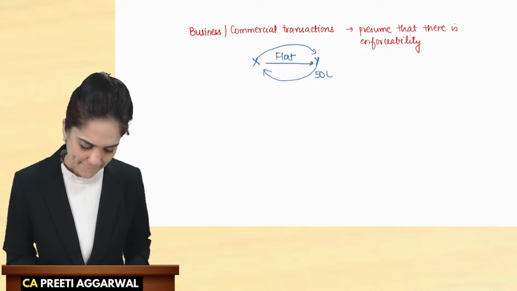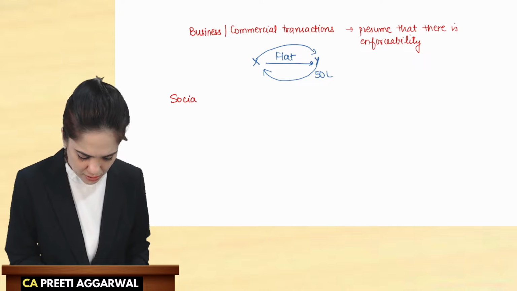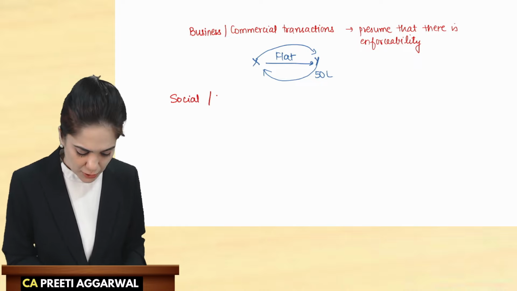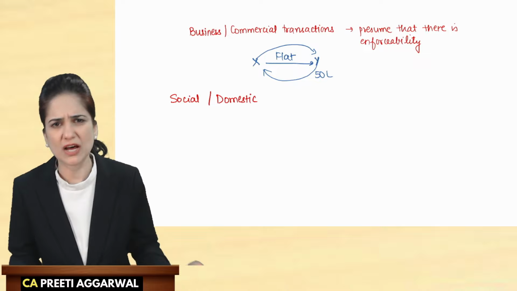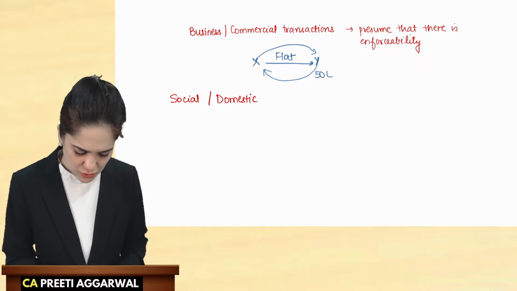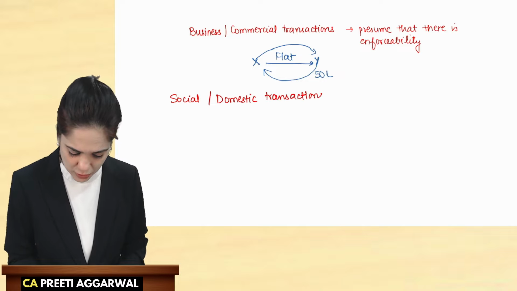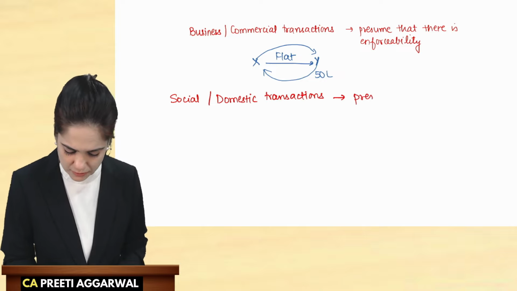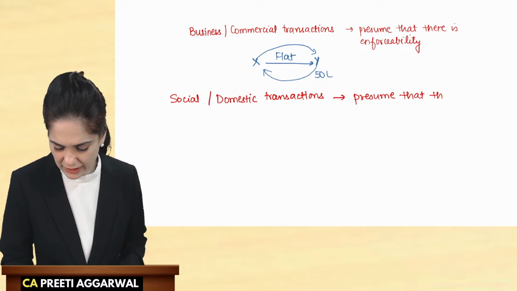However, in case of social, between friends, or domestic, between family members, husband, wife, father, son, mother, daughter, we presume that there is no enforceability.